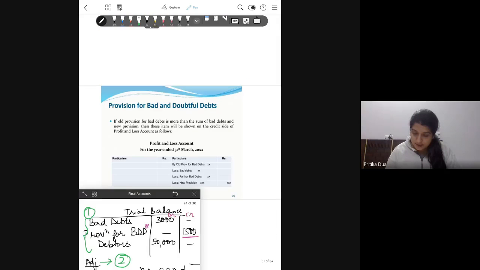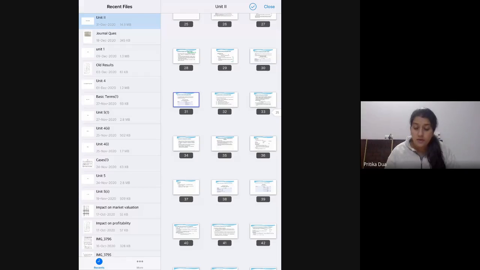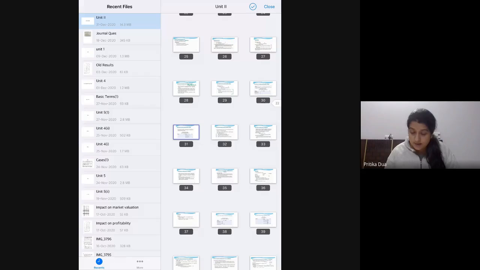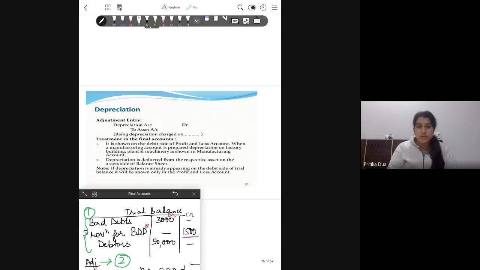adjustment. How do we define depreciation? Depreciation is the reduction in the value of an asset due to normal wear and tear, change in technology, which is known as technological obsolescence, and say over a passage of time, if the value of the asset falls, then that is also known as depreciation.